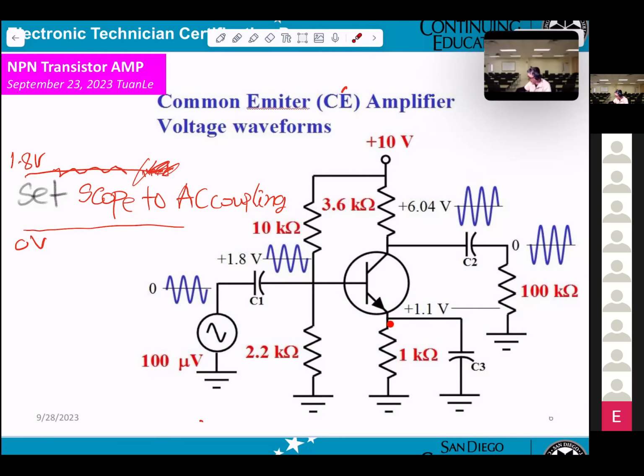So at the emitter, if you measure AC, it will be 0 volt. Okay? So that's telling you, if you measure the output here, then basically you get sideways, no DC here. So that's why it's easy to measure.